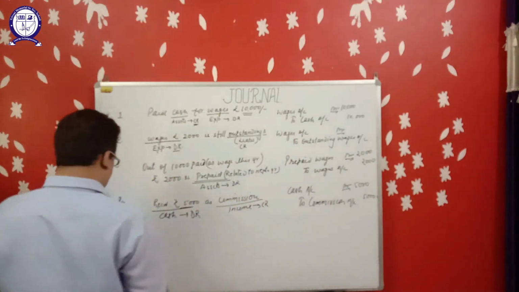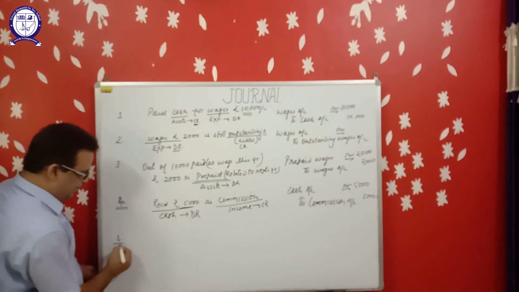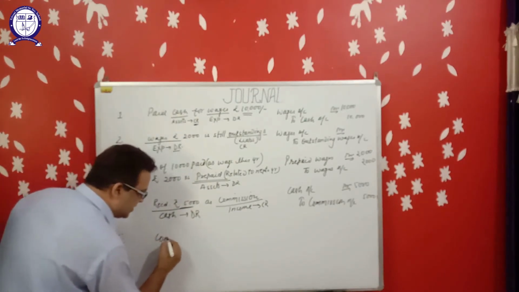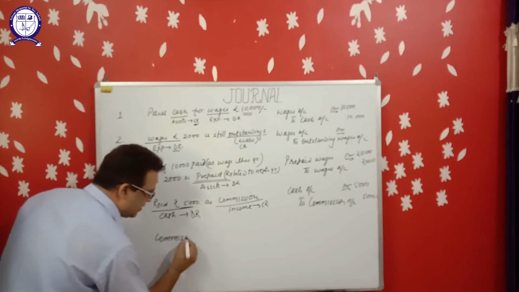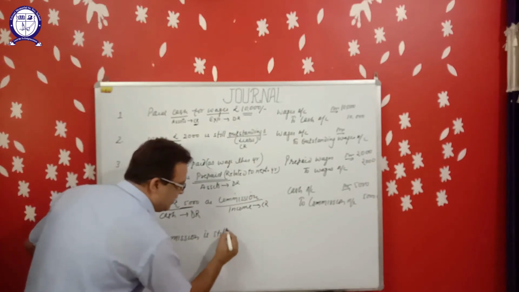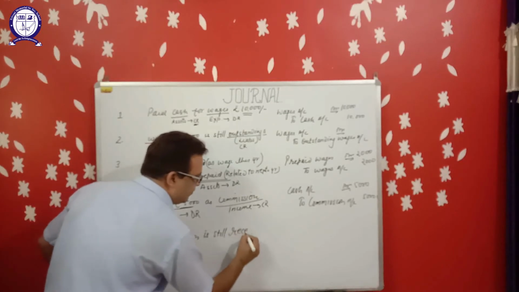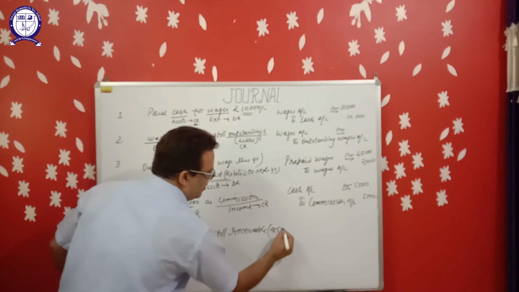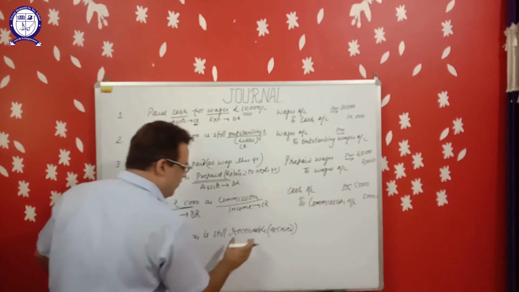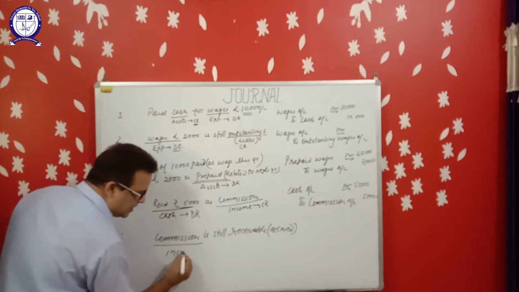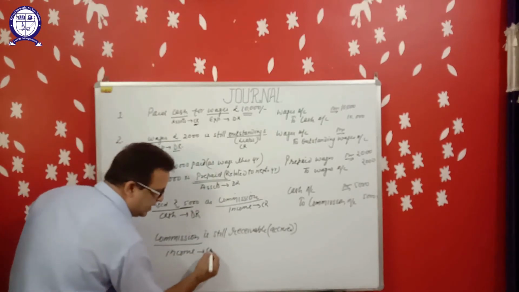And suppose if in the question it is given that commission is still receivable or accrued, that means we have earned the commission. It is an income for the business. That's why it will be credited.